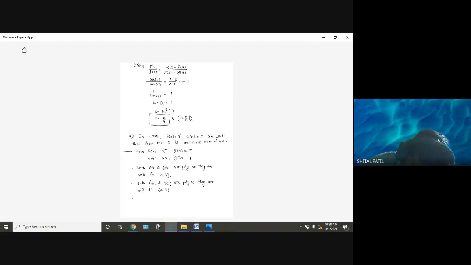Next, g dash of x equal to 1 is not equal to 0. G dash of x is 1, which is not equal to 0.